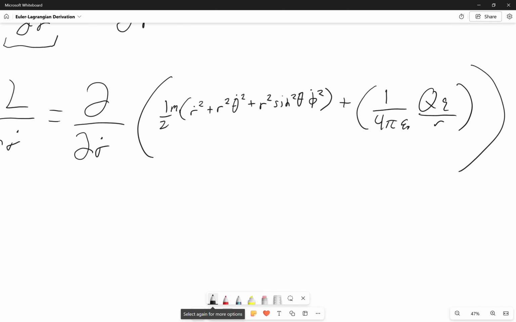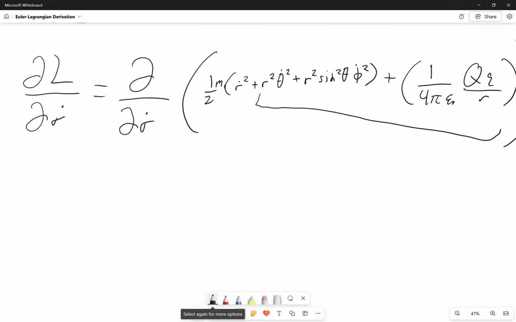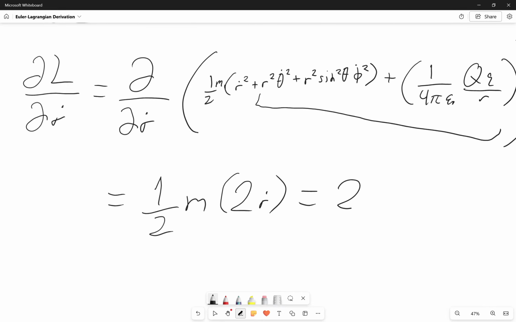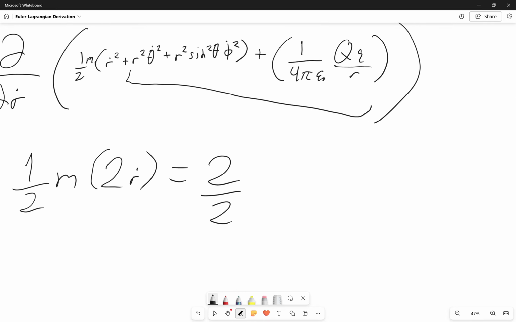Since I'm differentiating with respect to r dot, the rest right here just go to 0. So the result will be half times m times 2 times r dot, which will be 2 over 2 m times r dot, equaling m times r dot.